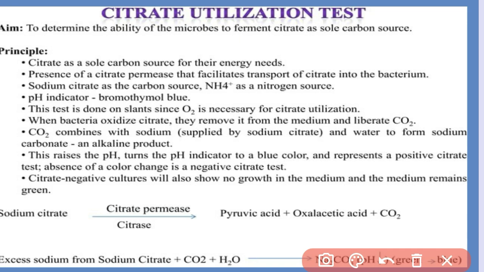In the chemical reaction shown in front of you, the sodium citrate present in the medium gets converted into pyruvic acid through the action of the enzyme citrate permease. The pyruvic acid plus oxaloacetic acid and CO2.